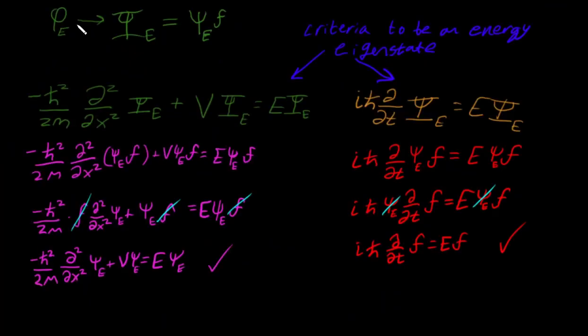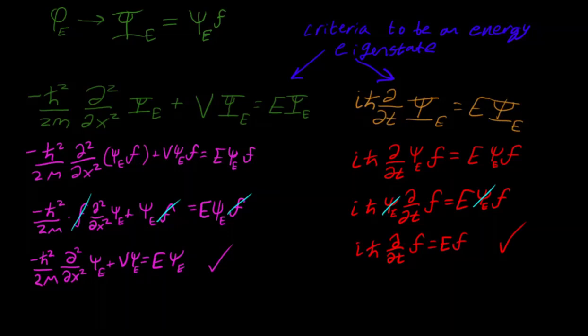So I wrote that this energy eigenfunction phi sub e is really just our capital Psi e, which is lowercase psi e times f, right? And I just show that it works for these two energy eigenstates, because remember, these two equations, one in green, one in orange, are the criteria for being an energy eigenfunction.